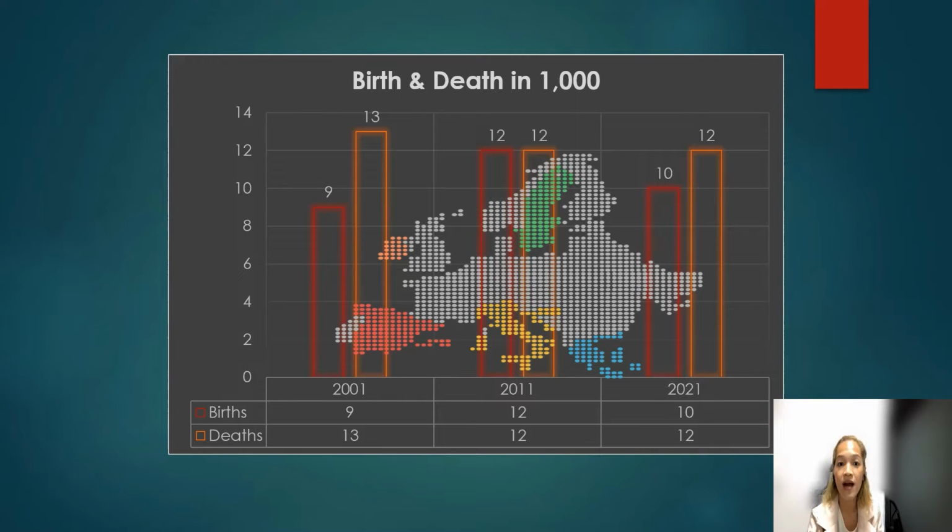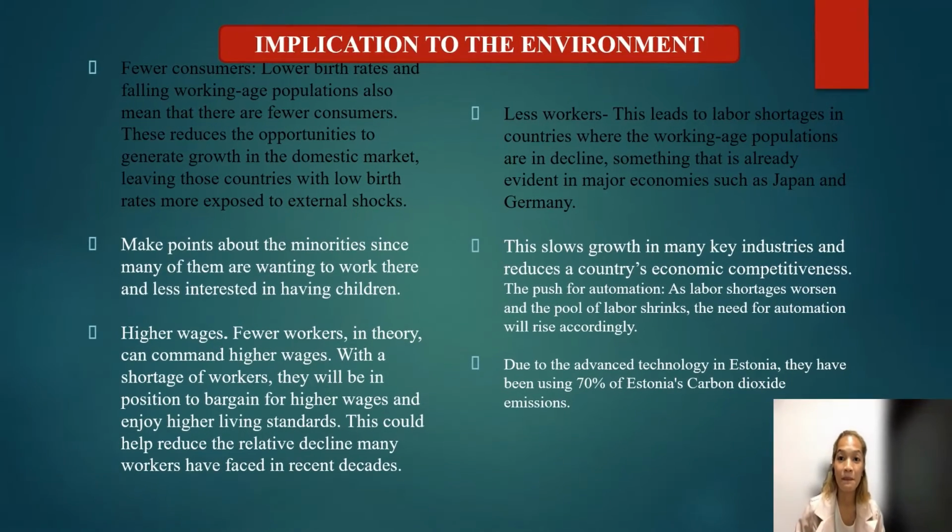Application to the environment. Fewer consumers: lower birth rates and falling working age populations also mean that there are fewer consumers. This reduces the opportunities to generate growth in the domestic market, leaving those countries with low birth rates more exposed to external shocks.